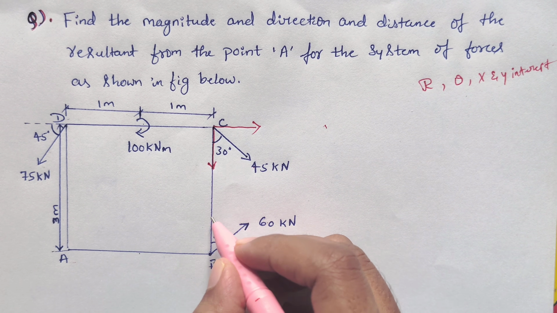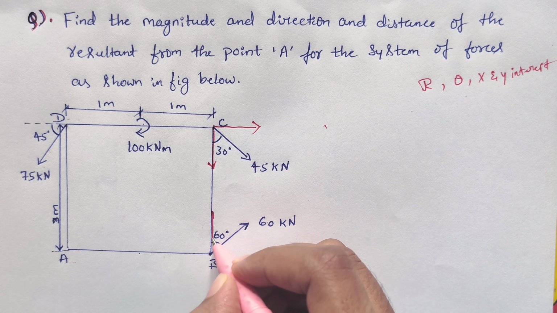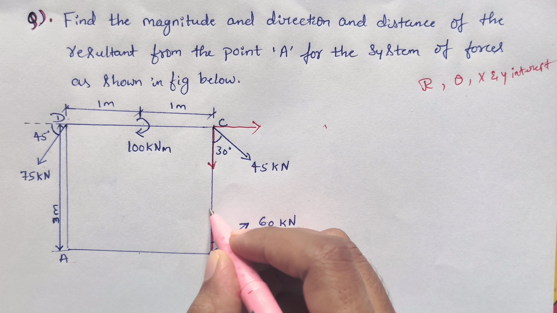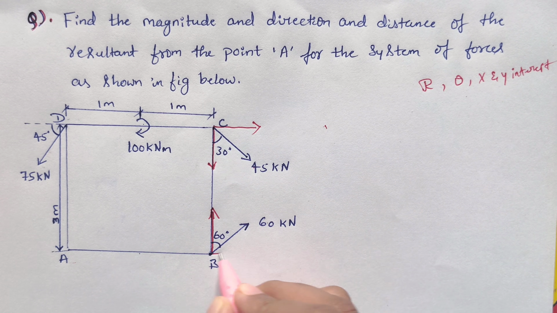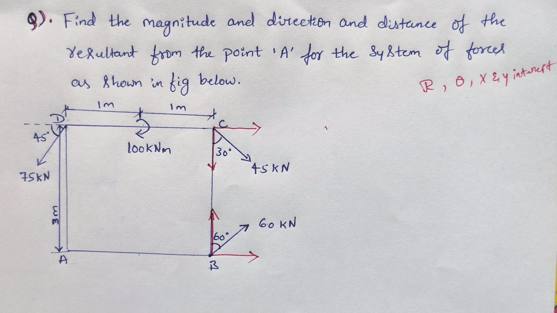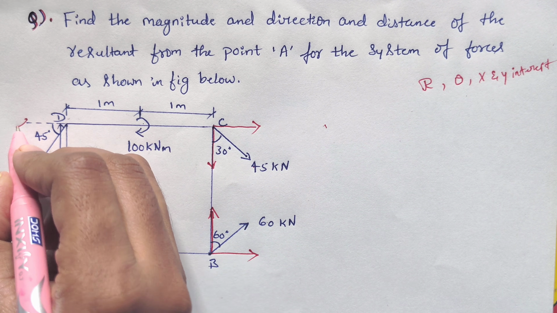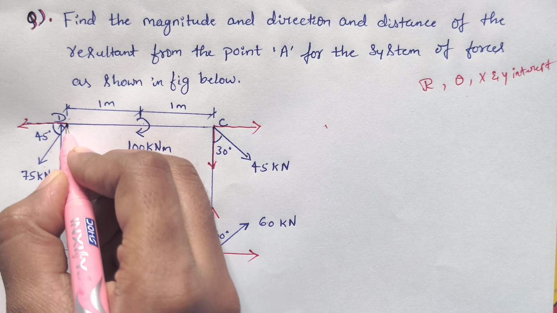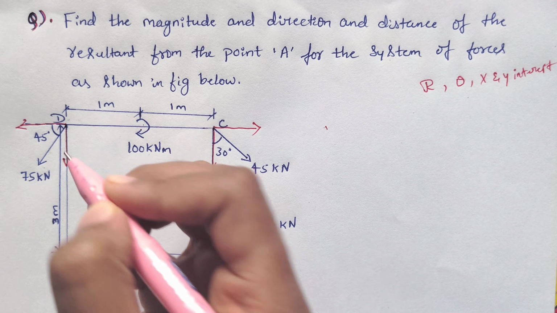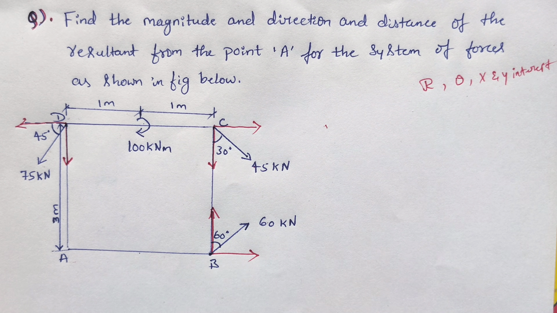For this, the vertical will be like this and horizontal will be like this. And similarly for this force, horizontal will be like this and vertical will be like this. Understood how to draw the horizontal and vertical components?